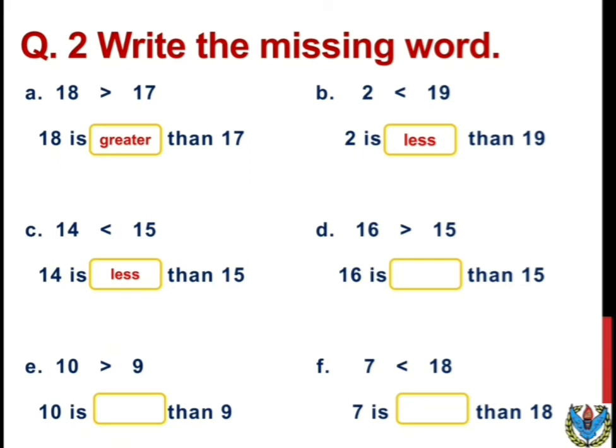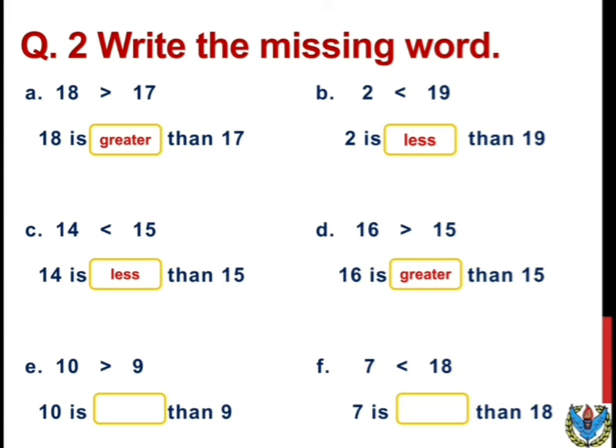Look at part D. 16 is greater than 15. How will we write it in words? We will write it as 16 is greater than 15. G-R-E-A-T-E-R, greater. Look at part E. 10 is greater than 9.